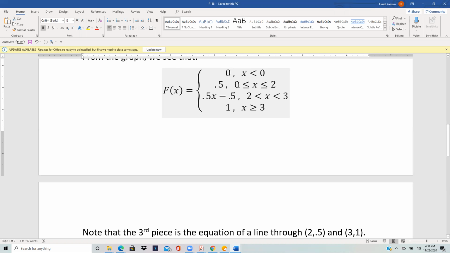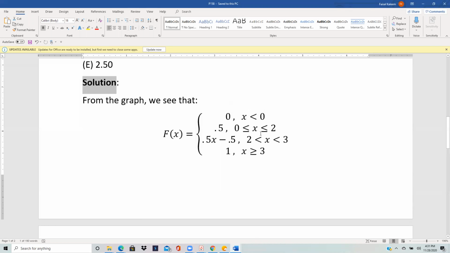To see what it is at 0, we have to see what kind of a jump we are having. If you look at the graph, you can look at it either from the formula or from the graph. What we see is that suddenly at x equals 0, there is a jump of 0.5. Suddenly it jumps from 0 to 0.5. Now remember, the CDF is the cumulative probability.